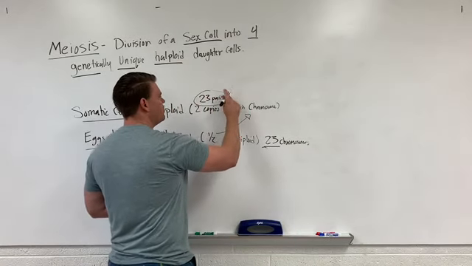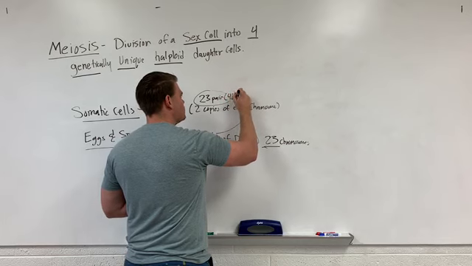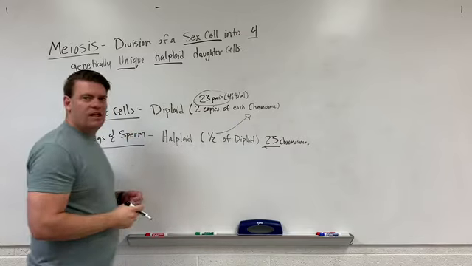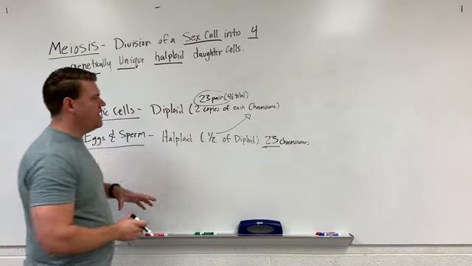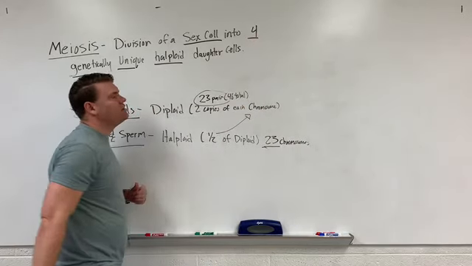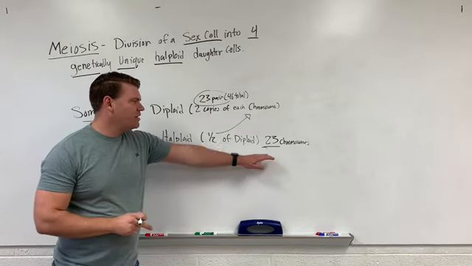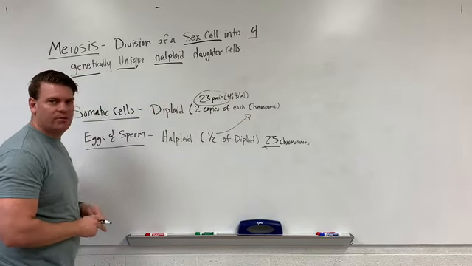So remember, this is 23 paired, but 46 total. So in other words, we're going to split up the pairs. And by splitting up the pairs, each one of our four daughter cells that we create will only have 23 chromosomes, which makes them haploid instead of diploid.